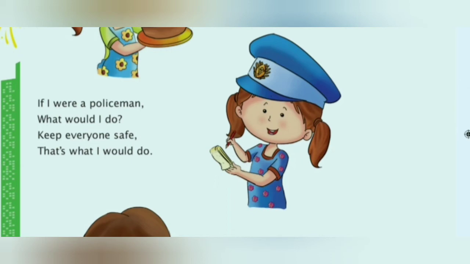The same here, no connecting words in between, no commas in between, no full stop. So each line goes with a single flow. See, if I were a policeman, not "police," it's "policeman." Same flow, one pitch, second line, what would I do?